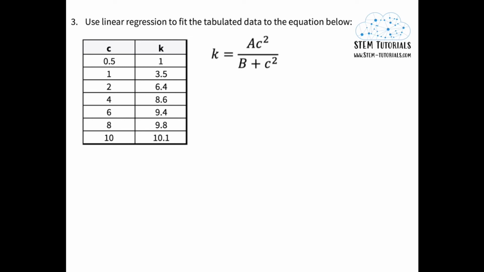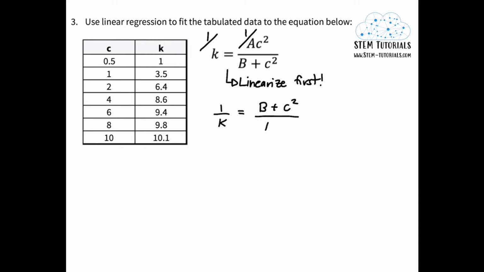The reason for including this problem in our practice set is to practice linearizing once more. Now we don't have an exponential, so what we need to do to linearize is take 1 over both sides of the equation. Then we get that 1 over k equals (b plus c squared) over (a c squared).